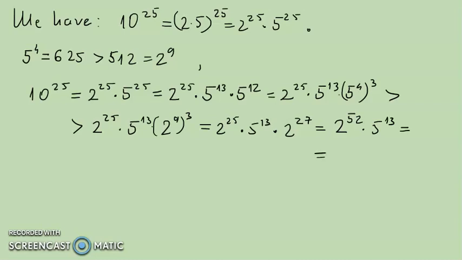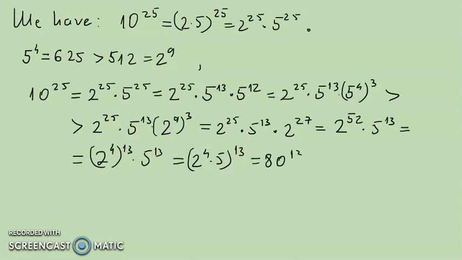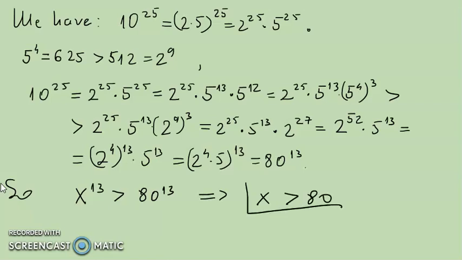And this is exactly 2^4 to the 13th, times 5^13, and this is (2^4 times 5) all to the power 13. 16 times 5 is 80, so 80^13. So we have x^13 is greater than 80^13, which implies immediately x is greater than 80. I will circle this and denote it with 2.